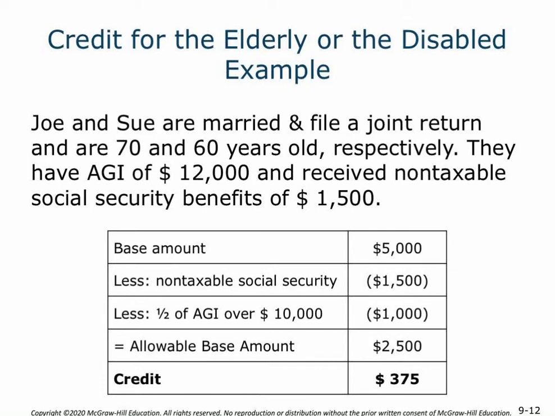They were 12,000 for AGI, so 2,000 over. Half of that would be 1,000. So we're going to take 1,000 and 1,500 both away from the 5,000 to get 2,500 for the allowable base amount before we multiply that amount by 15% to get 375 for the credit.